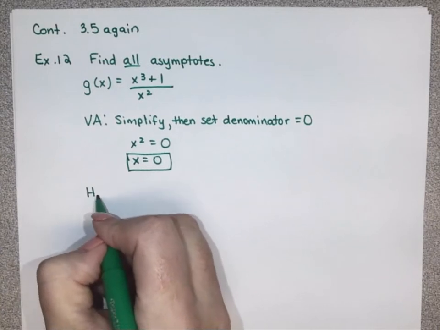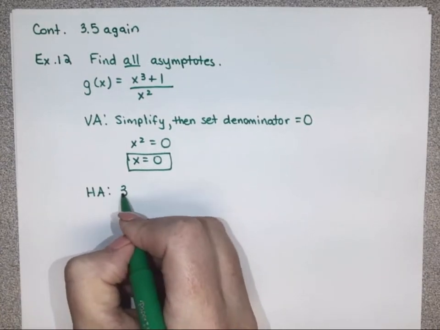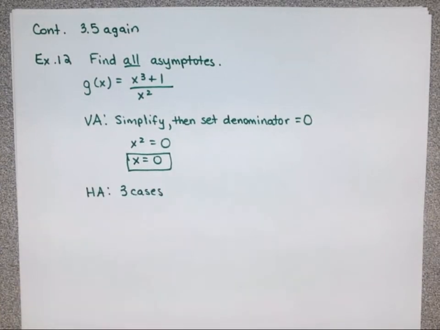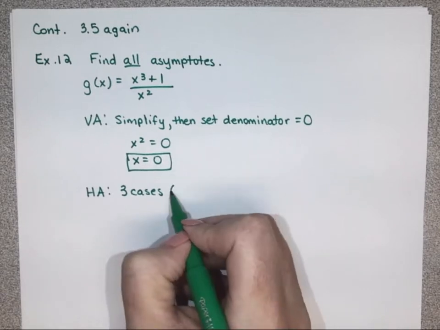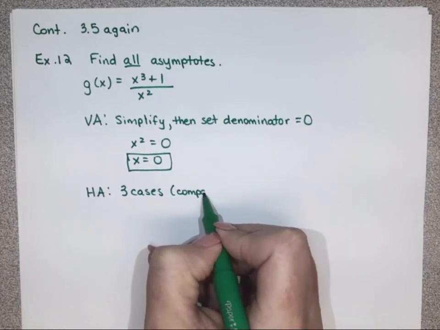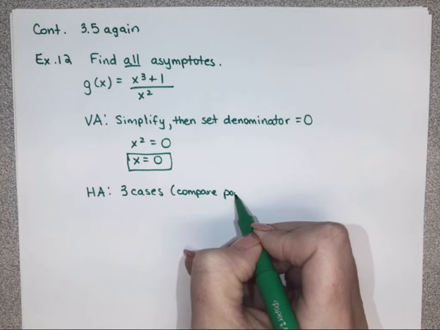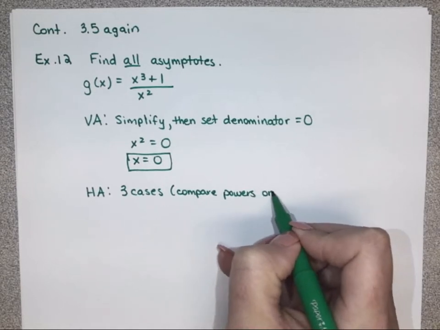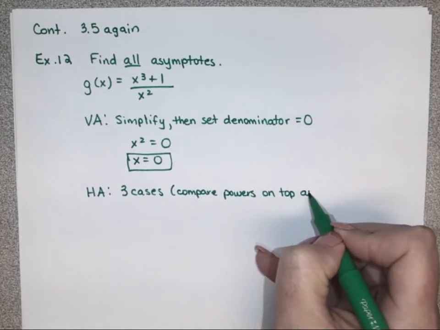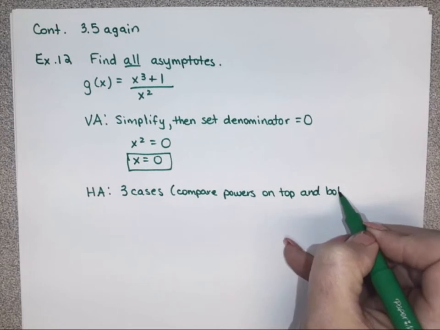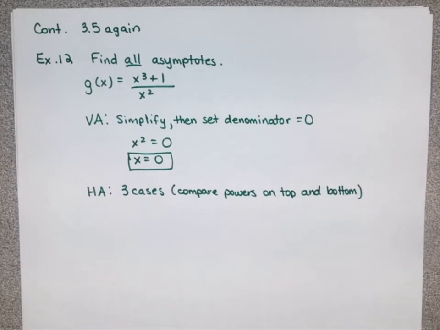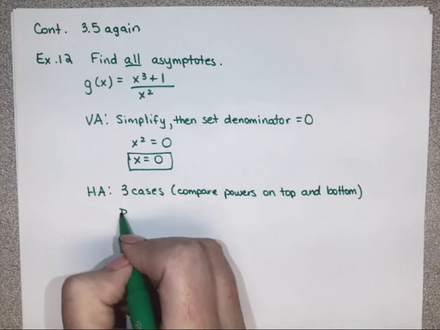For the horizontal asymptotes, we have 3 cases. Okay, remember we compare the powers on top and bottom. That's the 3 cases. So I'm just trying to jog your memory for what we did last time. But note that the power on top is bigger.